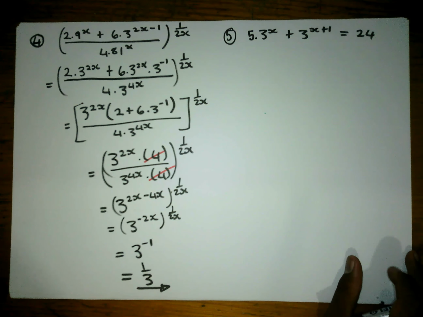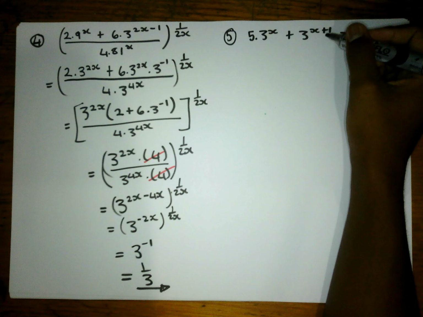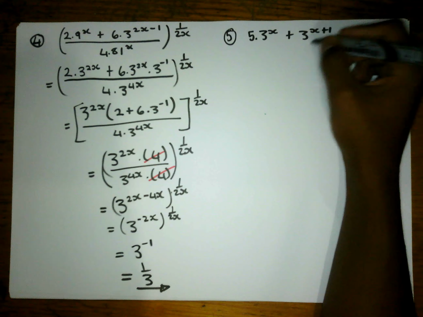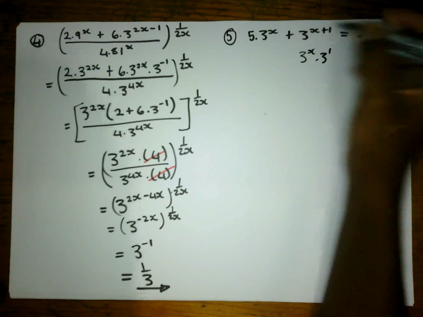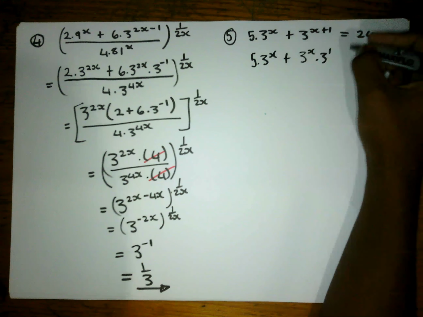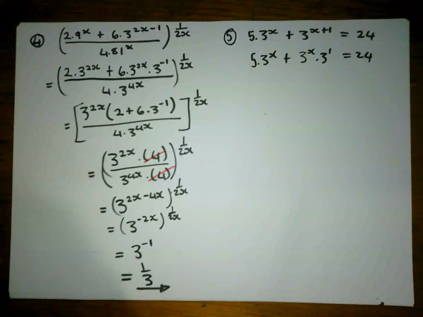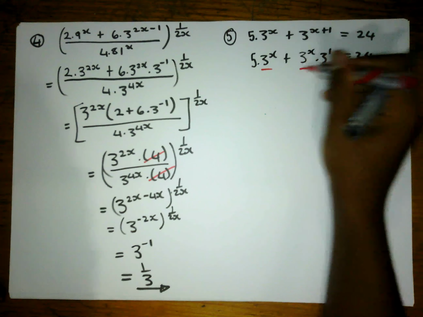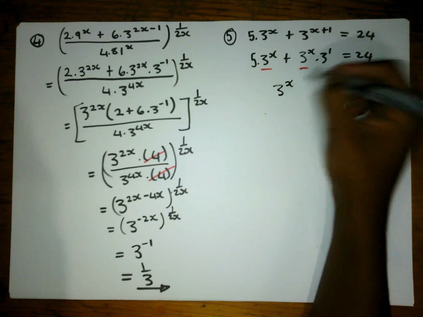Again, this one should be very easy for us because we know that we're going to first simplify this into 3 to the power x times 3 to the power 1. This is still the same, yeah? What do we see now? We're going to factorize out a 3 to the power x.